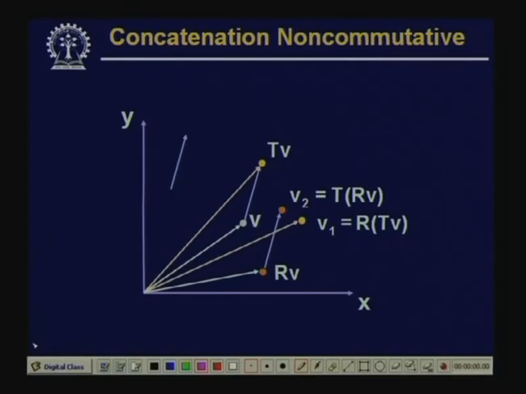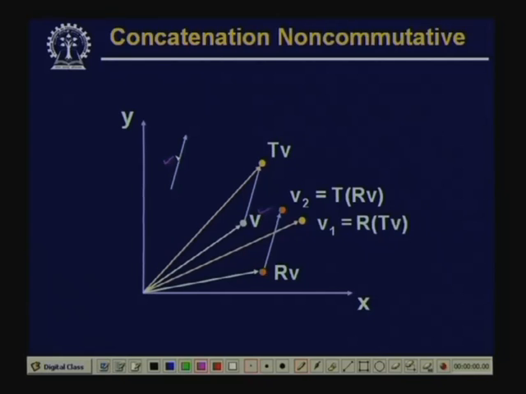Suppose I have this particular point V, and to this point V I want to perform two kinds of operations. One is translation by a vector. The translation vector we have represented by this arrow, by which this point has to be translated, and the point V is also to be rotated by a certain angle.